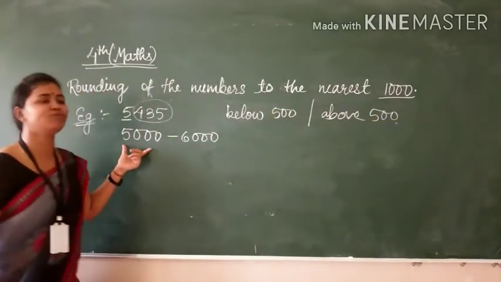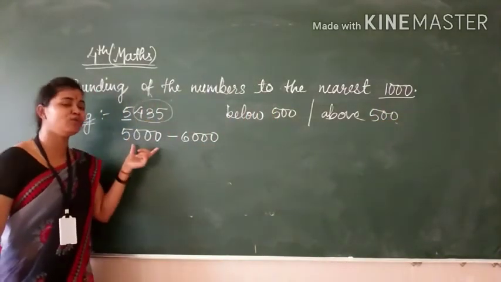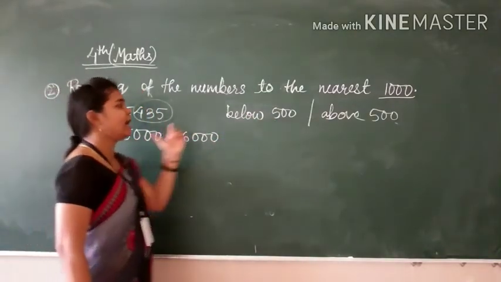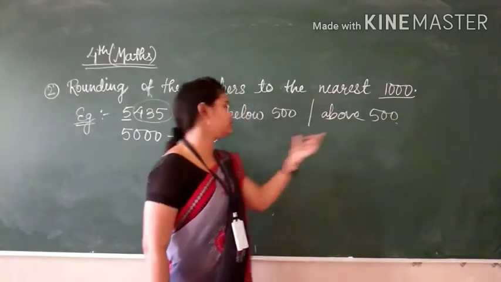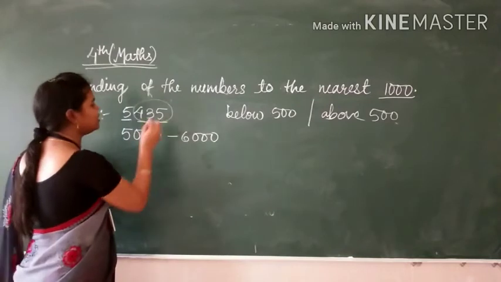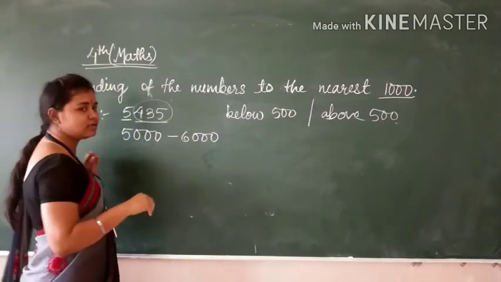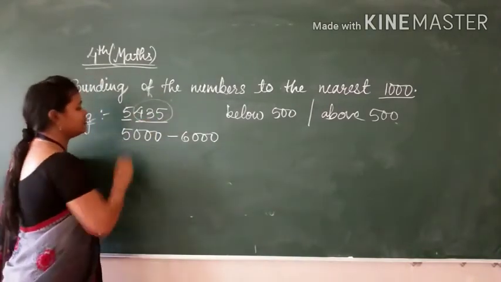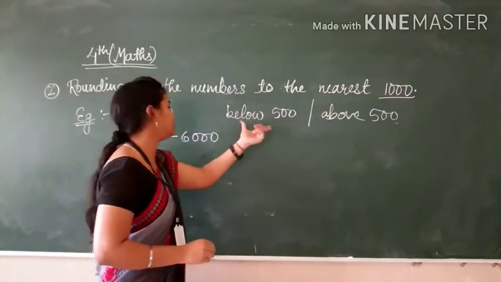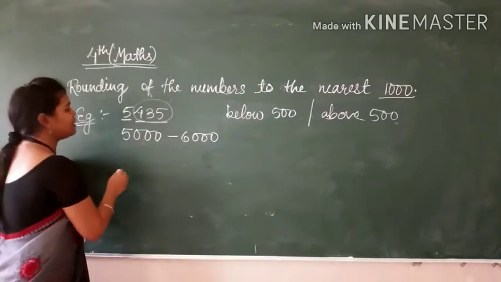So if it is below 500, it will come to the 5000 range, and if it is above 500, it will come to the 6000 range. So see here, it is 435. Of course, 435 means it is below 500, so it will come to the 5000 range.